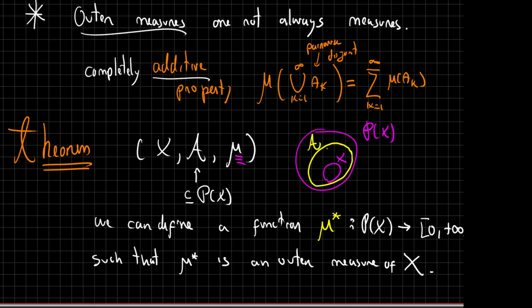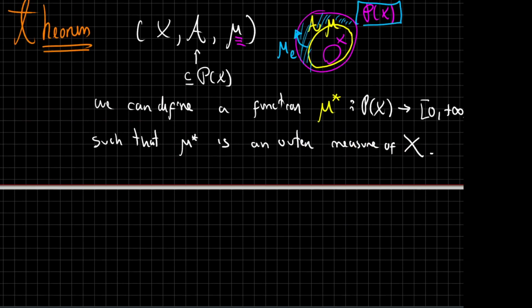We have some measure here, and then we will extend this measure as an outer measure for every other element which may not be in the initial sigma algebra. So we will extend it to complete the whole power set of X. So it is very interesting. The proof will be constructive in nature.